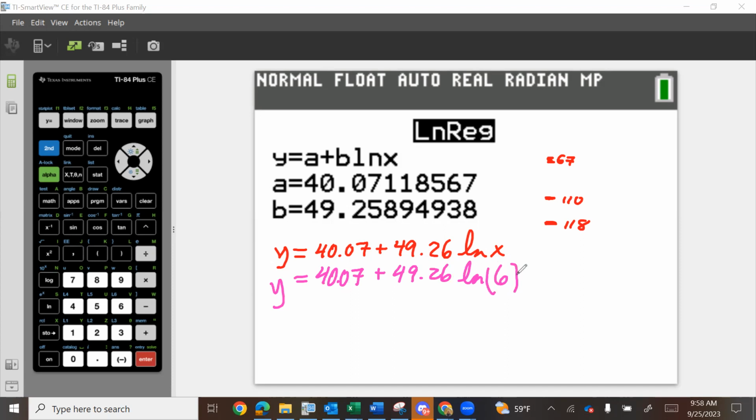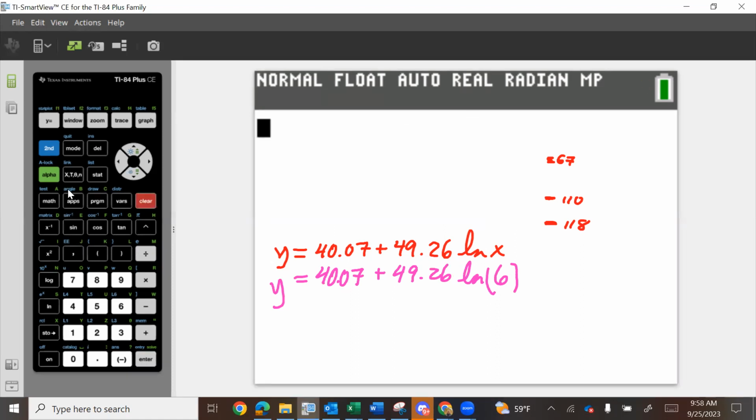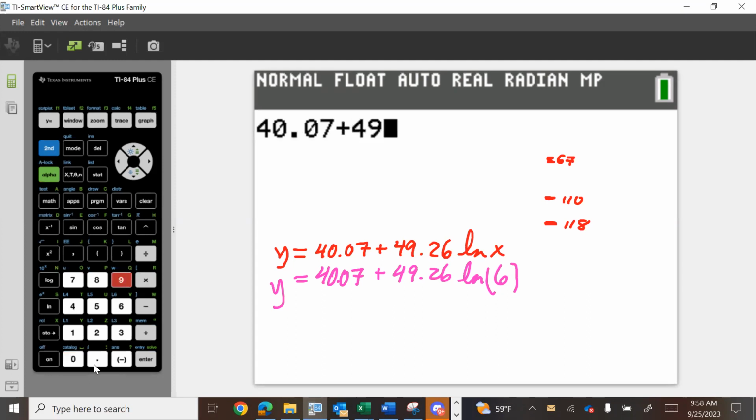So we're going to plug 6 into the ln function. I dig it. So I'll go 40.07 plus 49.26 ln. I hit the ln button. And this button here, that's log base 10.